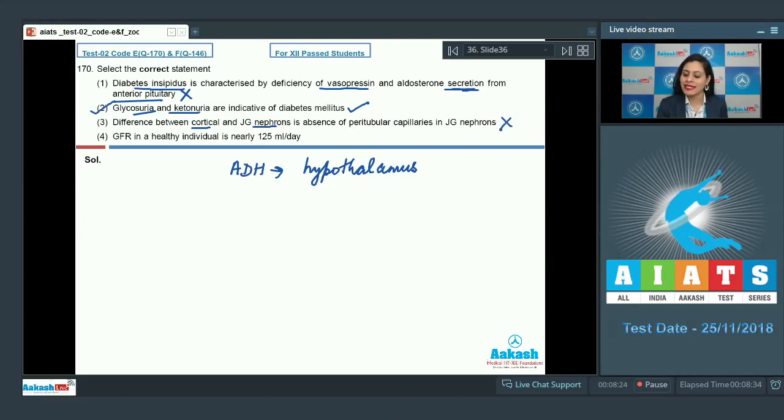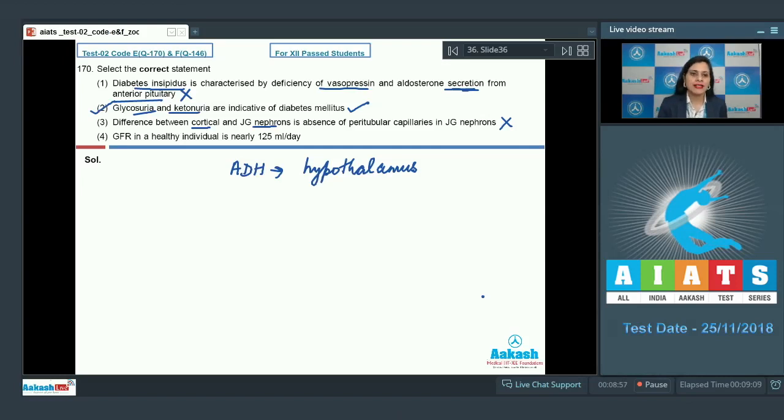And this is an incorrect statement because the major difference between cortical and JG nephrons is based on their abundance as well as how deep the loop of Henle extends within the medulla. However, we cannot differentiate between them based on the presence or absence of peritubular capillaries, because these are present in all types of nephrons.